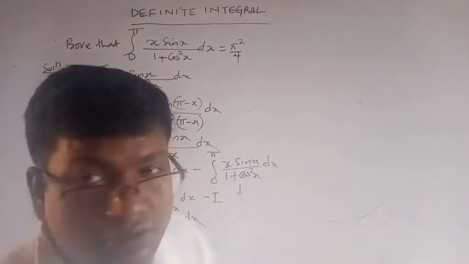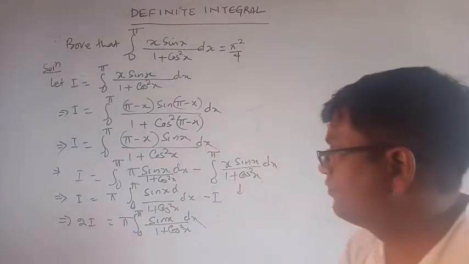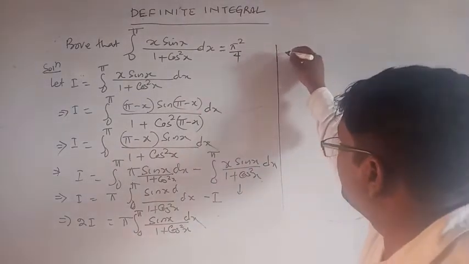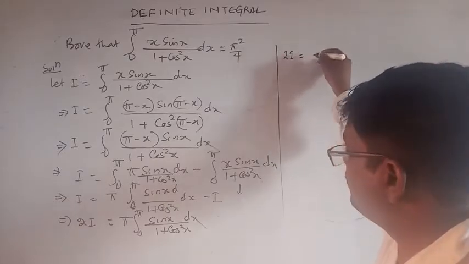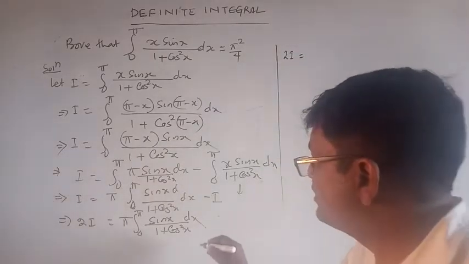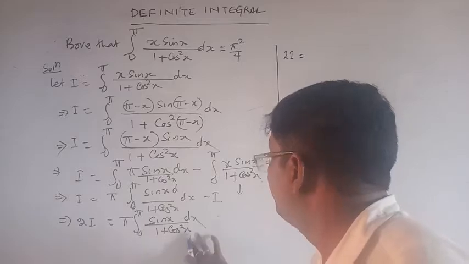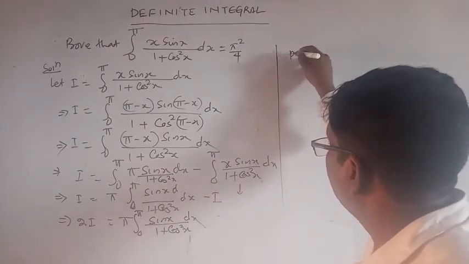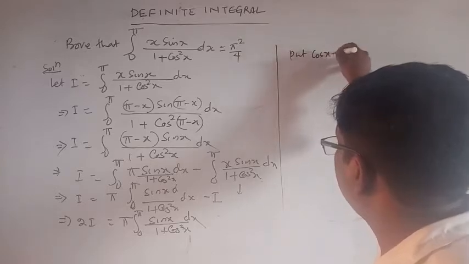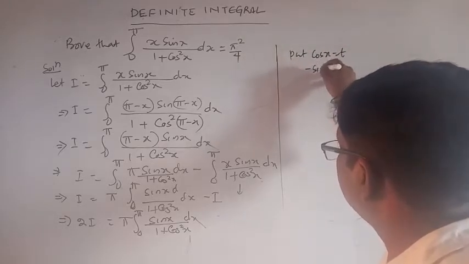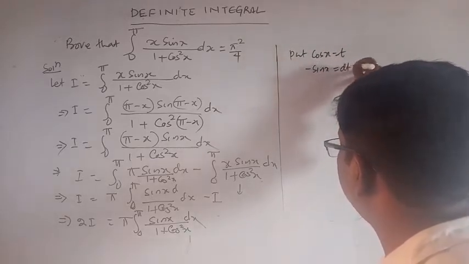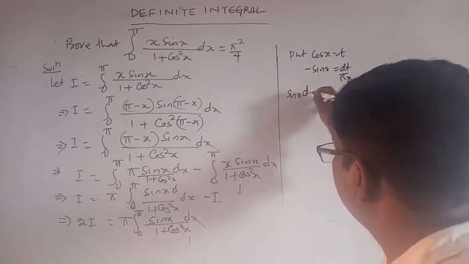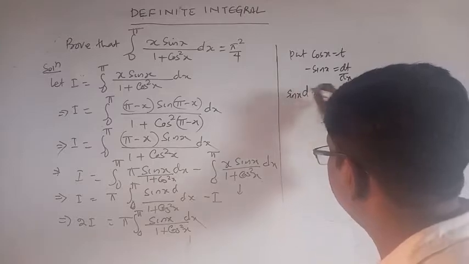Now 2I is equal to, put cos x equal to t. Differentiating, minus sin x is equal to dt by dx. So sin x dx is equal to minus dt.